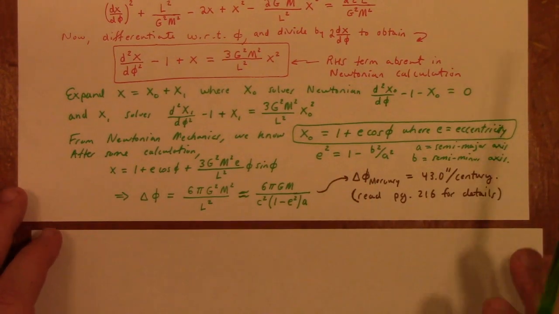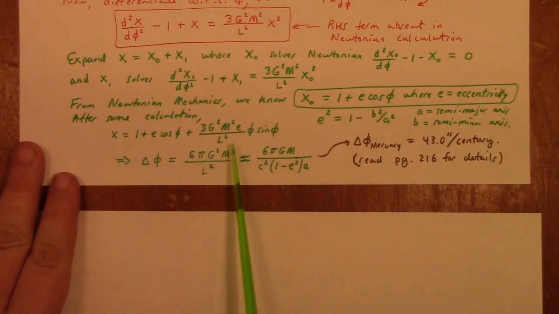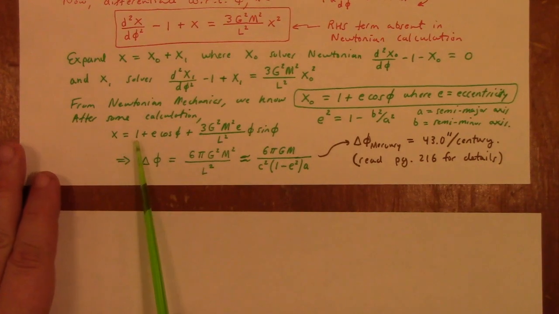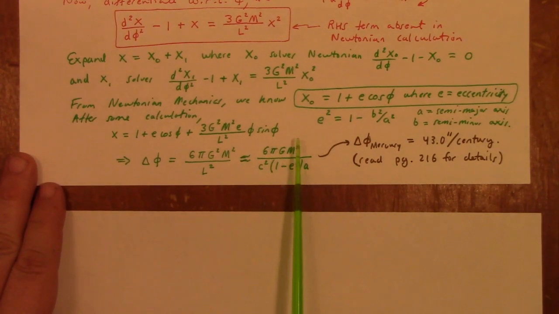And, well, long story short, what happens here is that he shows that the perturbation gets this as a solution. You end up with this 3G squared M squared over the eccentricity times the eccentricity divided by the angular momentum squared times phi sine phi.